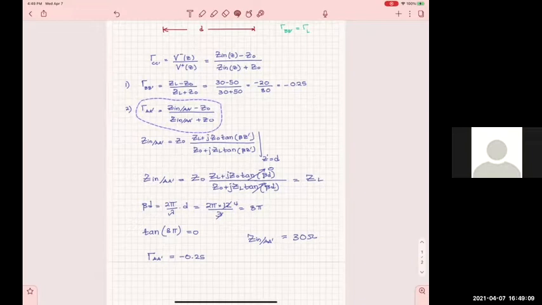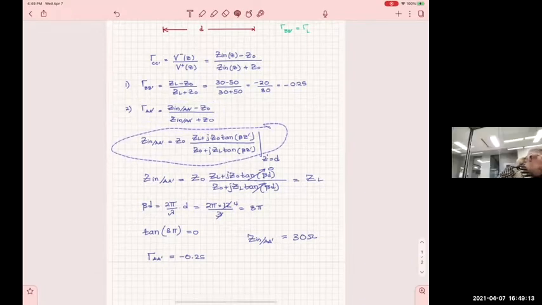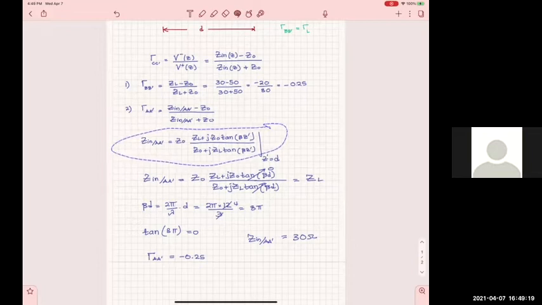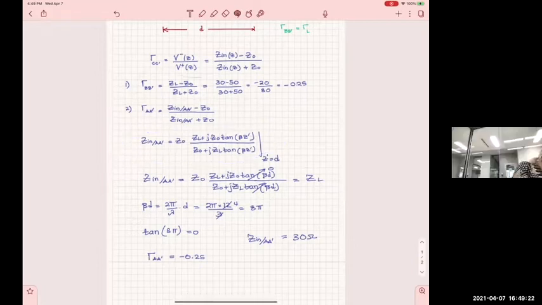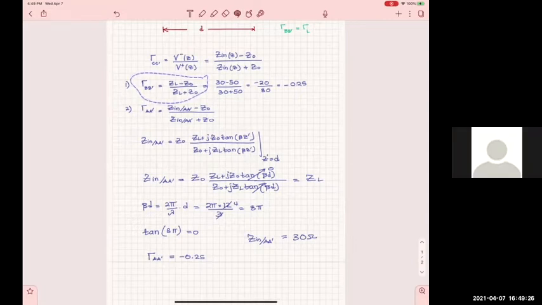So just thinking about that conceptually, the load impedance is the input impedance in that specific case.